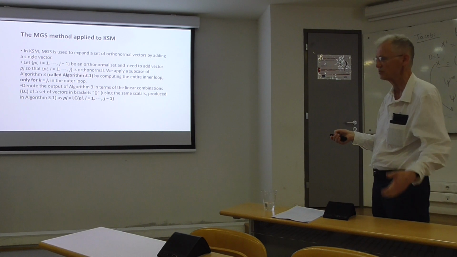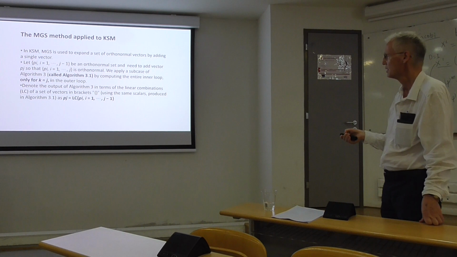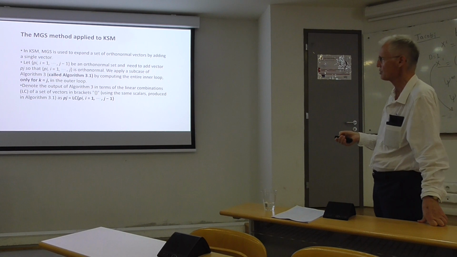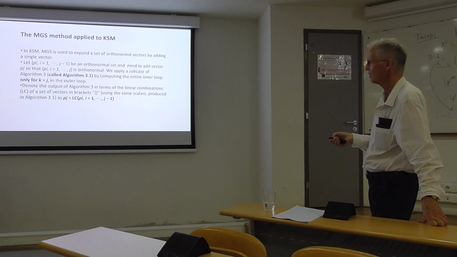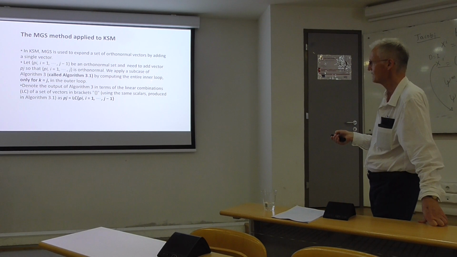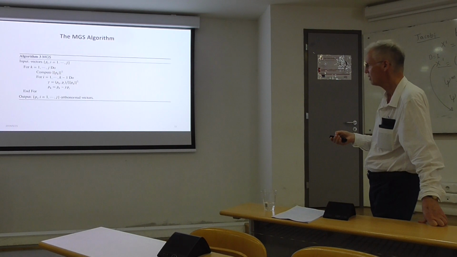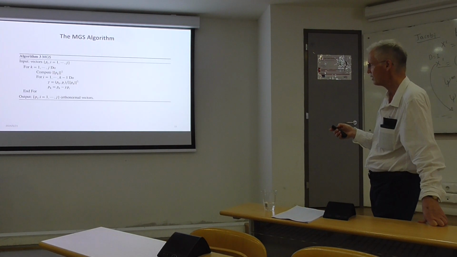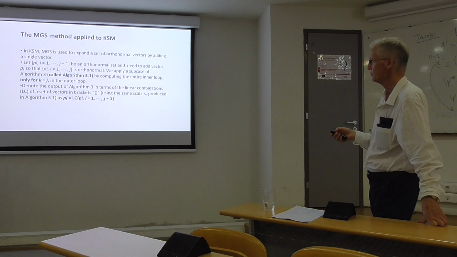As I said, assume that J is 5, for example. So we have to apply a subcase of this algorithm called algorithm 3.1, computing the entire inner loop only for k equals J. So only for this last index of the outer loop.